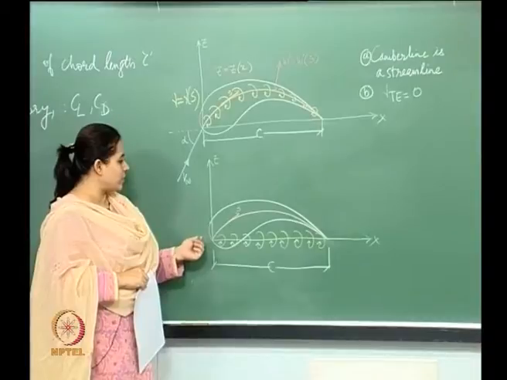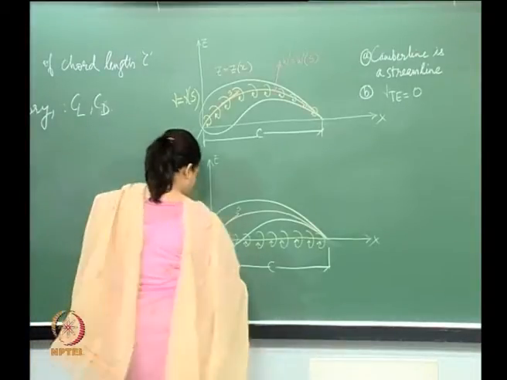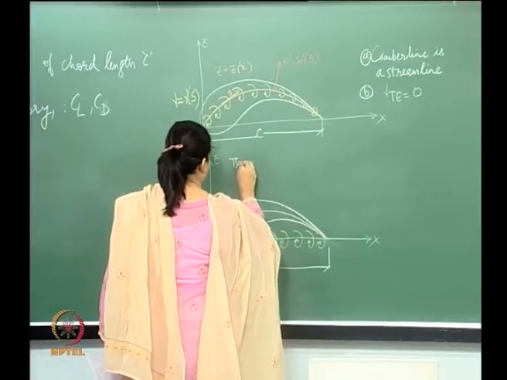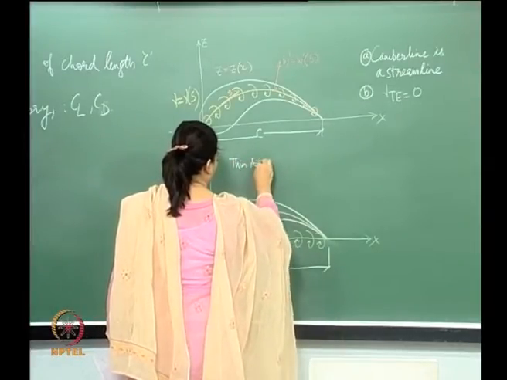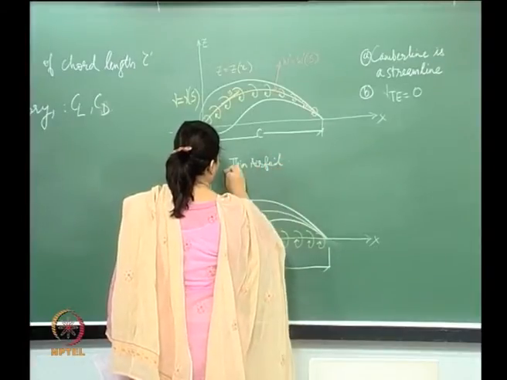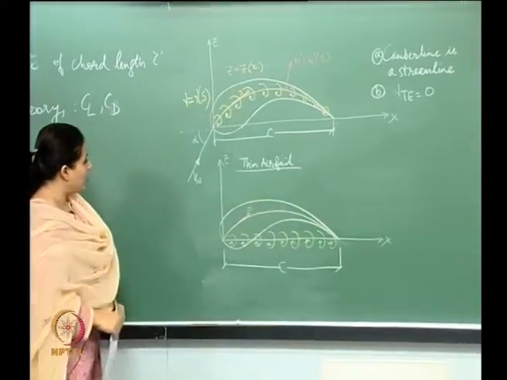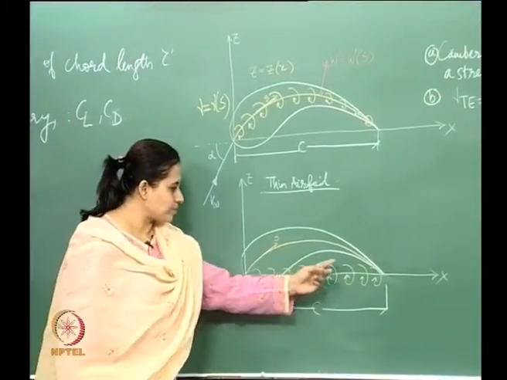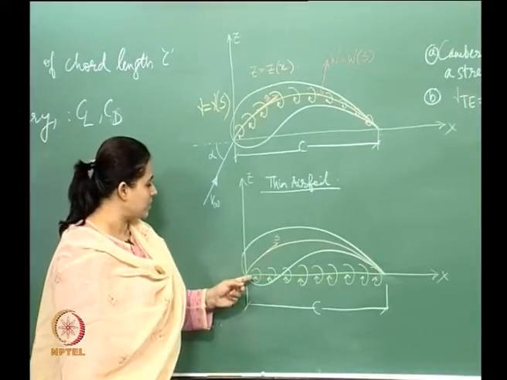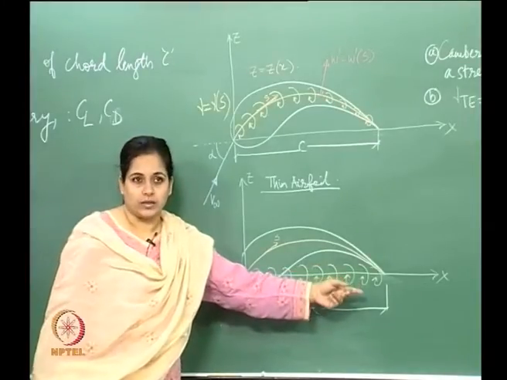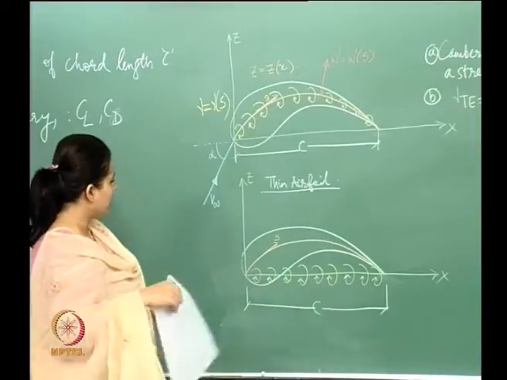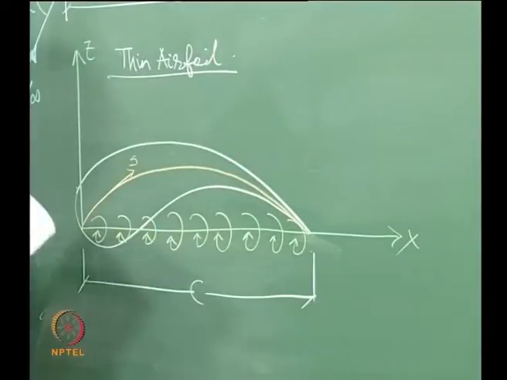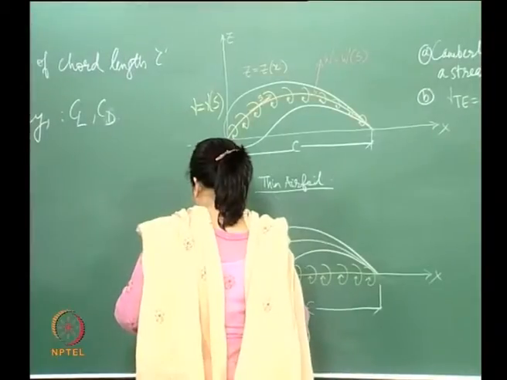Now if you see the difference, this is basically for a thin airfoil, where I consider the distribution on the chord length. Now, in here we consider on the chord length.